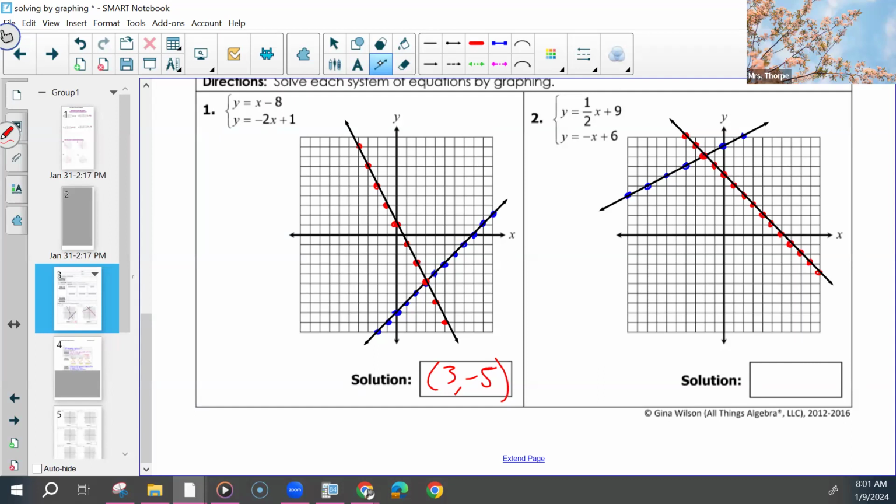Where do those 2 lines cross? (-2, 8), yes. Go on to the next page.